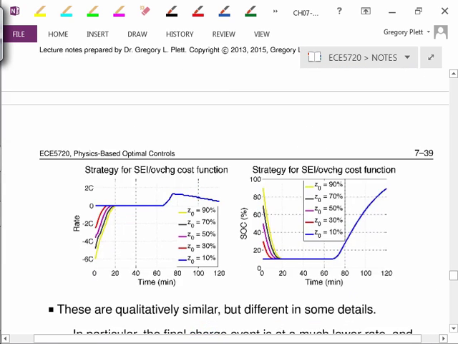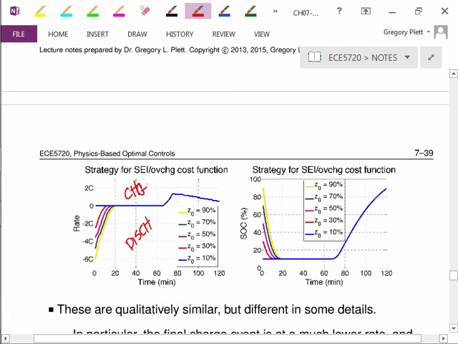So here we redid the simulation using the lithium loss due to SEI growth plus the lithium loss due to overcharge together in the cost function, and we get a result that is qualitatively similar, but it is in fact not exactly the same. So again, this is a discharge here, and this is a charge there. The sign convention is opposite to what we are normally using.